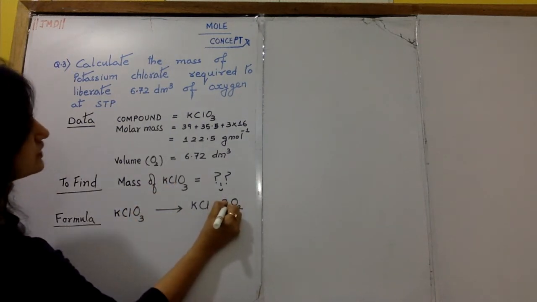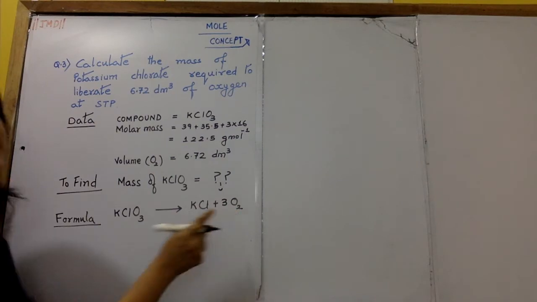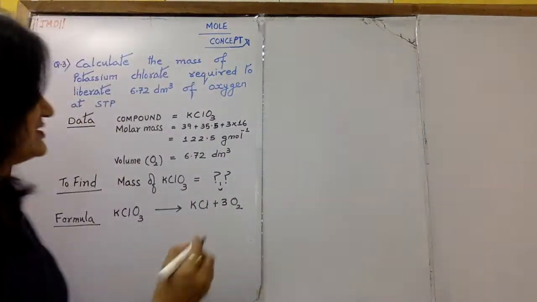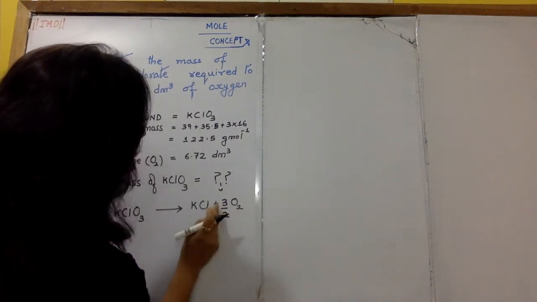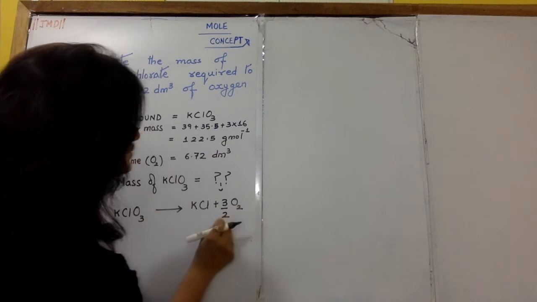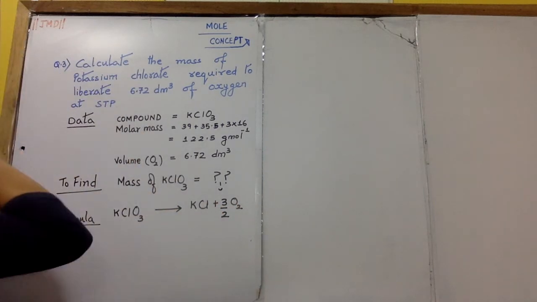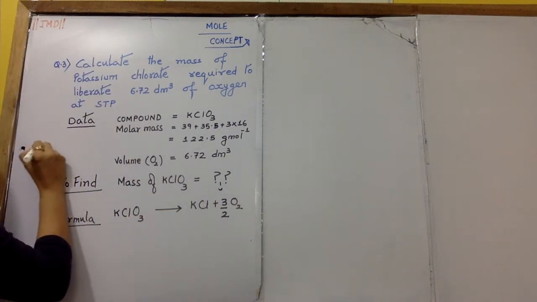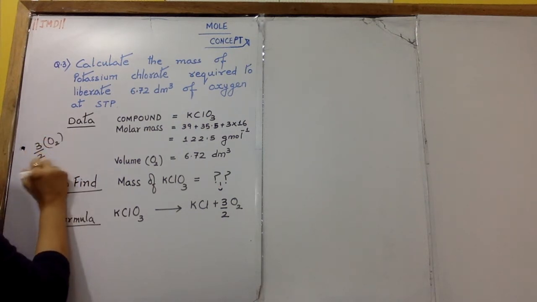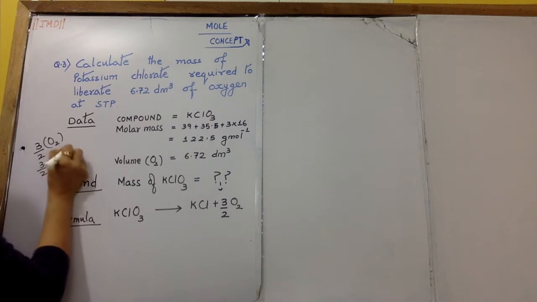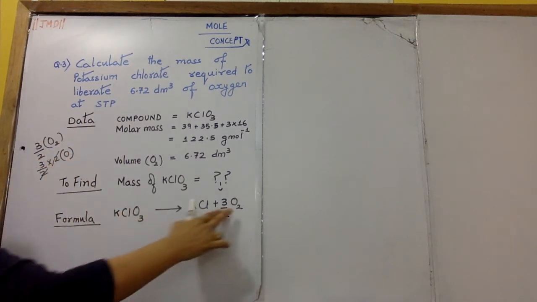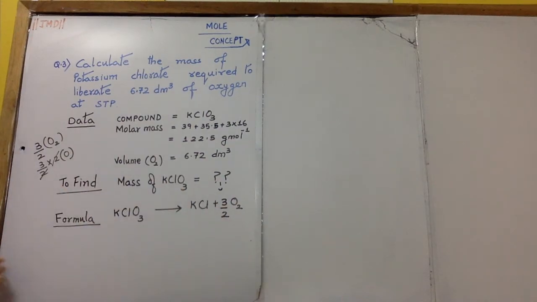So I write here 3. But 3 into 2 is 6 oxygen atoms, and I just want 3 oxygen atoms, so it is 3 by 2 O2. That is 3 by 2 into 2 oxygens. So the 2 cancels, and 3 oxygens are left. So 3 oxygen gets balanced.